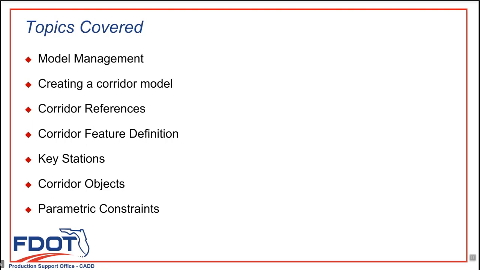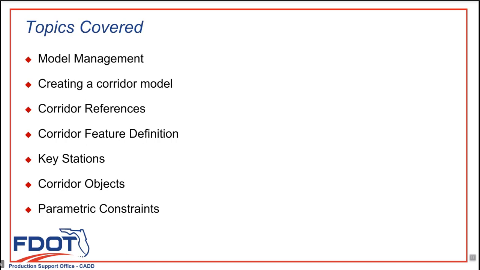And then we're going to go through the exercises, which is going to be creating a corridor model, adding corridor references to be able to tie that model to other things, setting the corridor feature definition, which primarily affects that template drop interval, and adding key stations, which is basically a manual way to add more template drops where you need more detail or to correct some issues, correct gaps and that sort of thing.